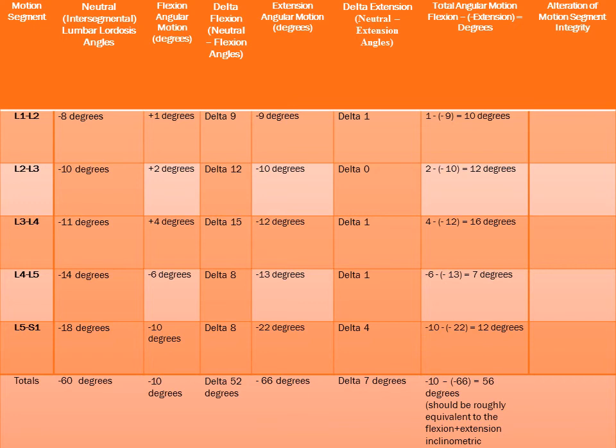And keep careful track of your positive and minus signs. Lordosis angles are indicated by a minus sign. Flexion angles are indicated by a plus sign. So I've performed those calculations all the way from L1 to S1, and we see that at L1, L2 the total angular motion is 10 degrees.